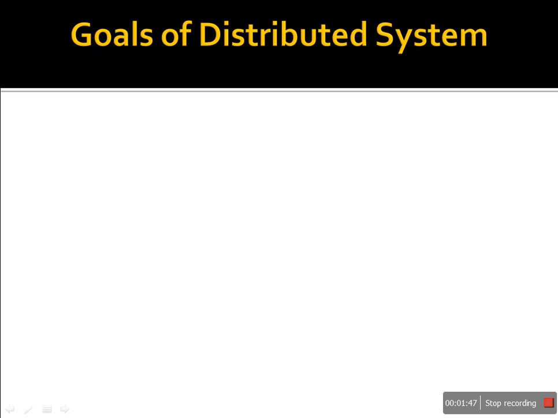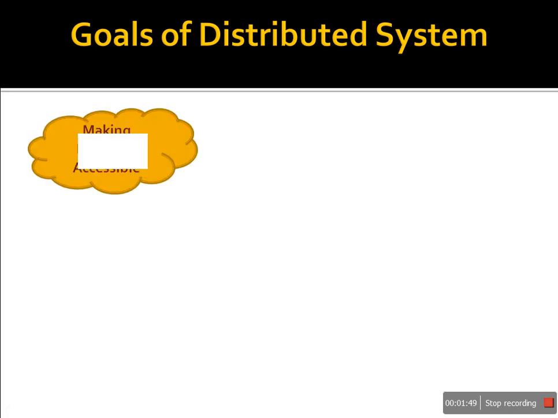Goals of distributed system. The first goal is making resources accessible. The main goal of a distributed system is to make it easy for the users to access remote resources and to share them in a controlled and efficient way.